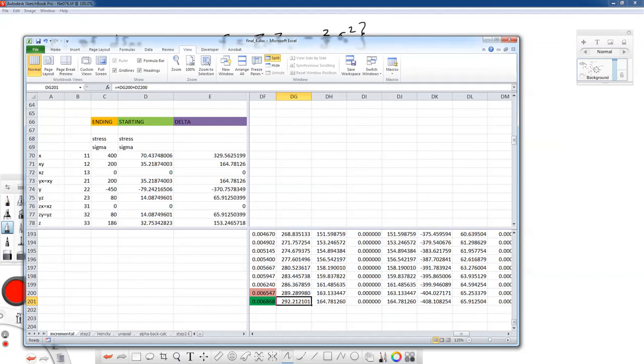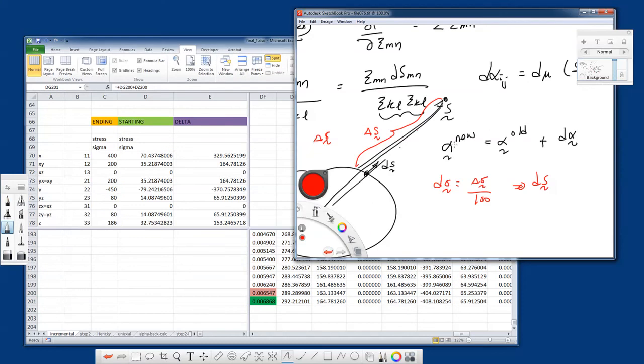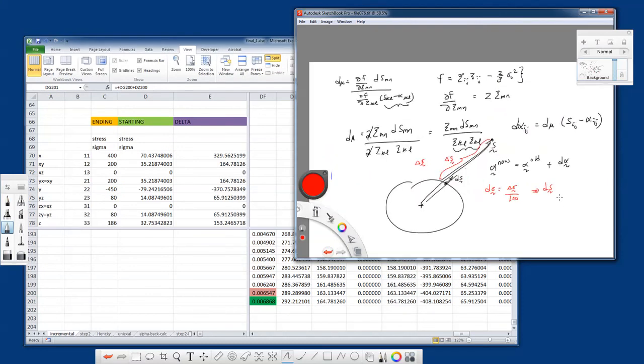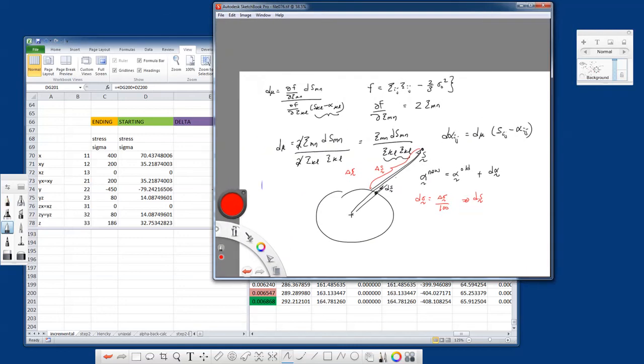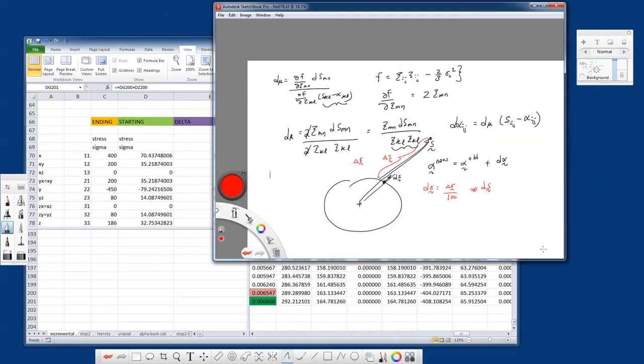So let me write a couple of these down. 292.2, 164.8, 0.